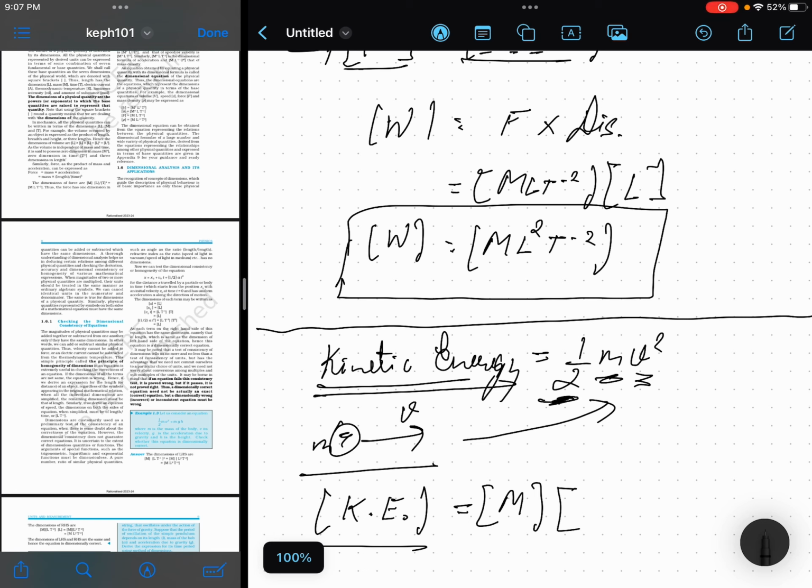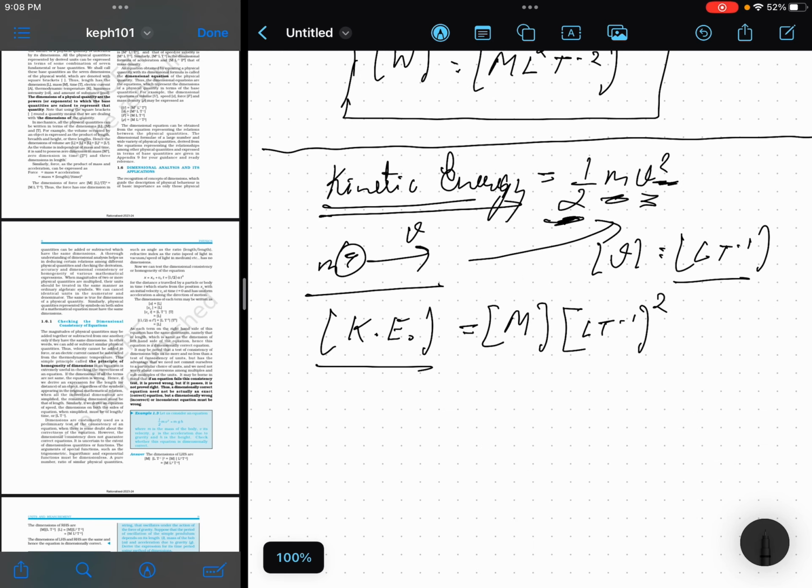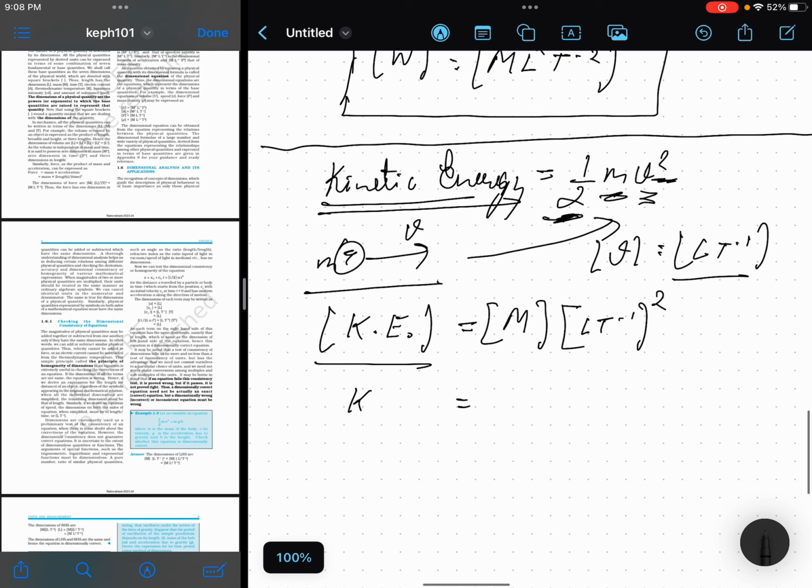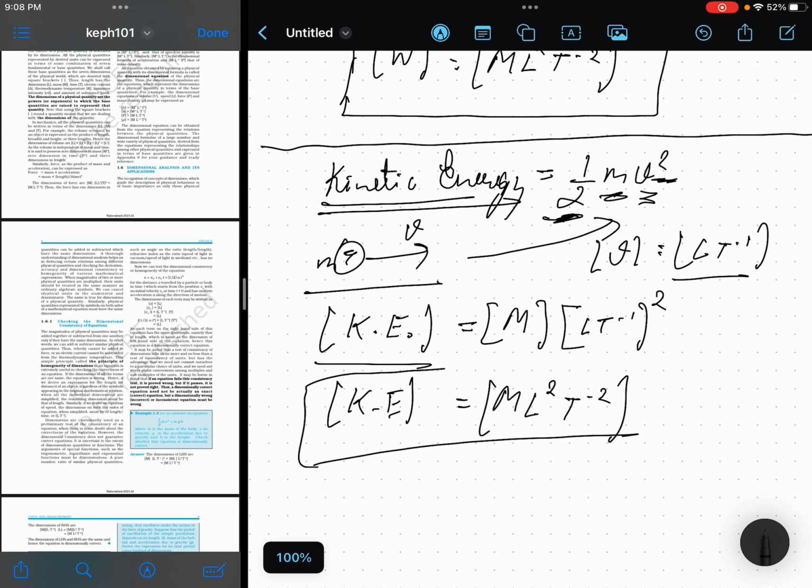So the dimension formula of velocity is actually LT minus 1, but in our use case it is raised to the power of 2. So LT minus 1 raised to this square. So the dimension formula of kinetic energy will turn out to be ML2T minus 2. This is the dimension formula of kinetic energy.